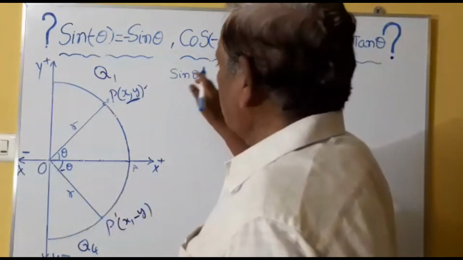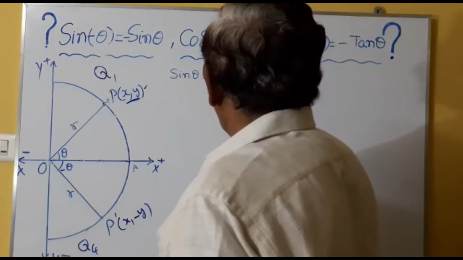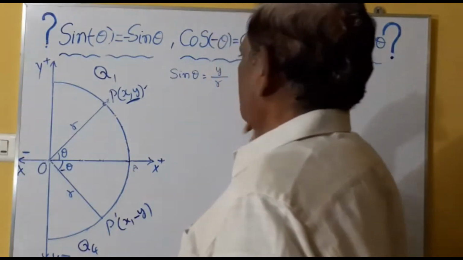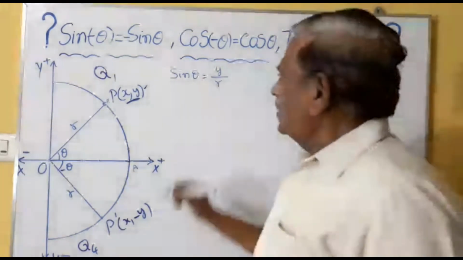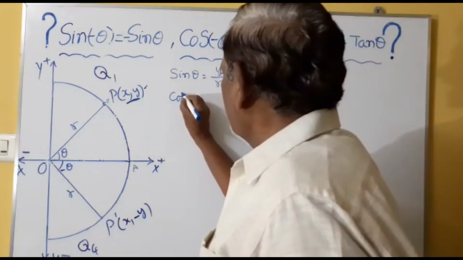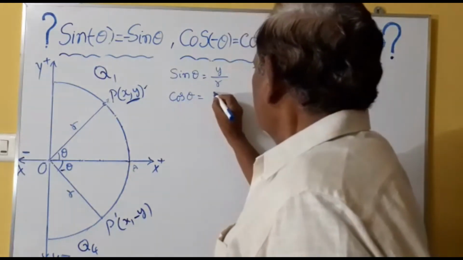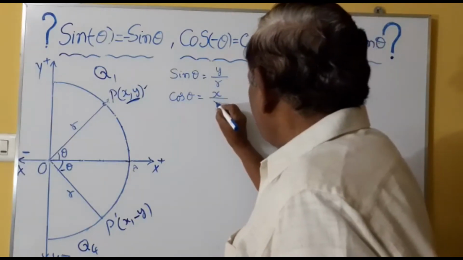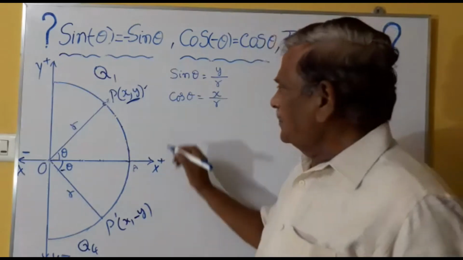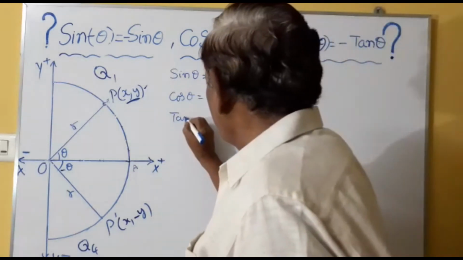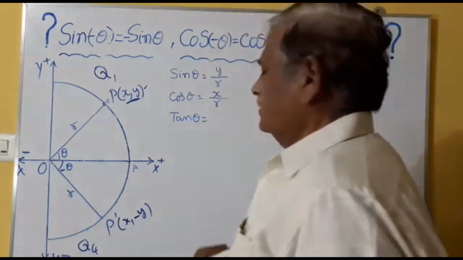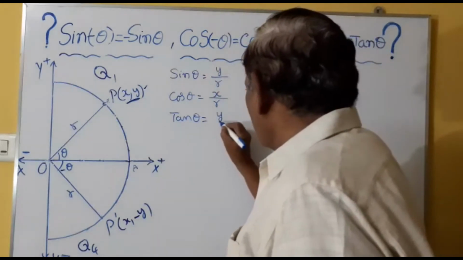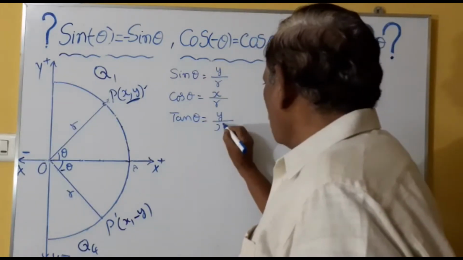Sin theta is y coordinate by radius of the circle. Similarly, cos theta definition is x coordinate of the point by radius of the circle. Tan theta is y coordinate of the point by x coordinate of the point.